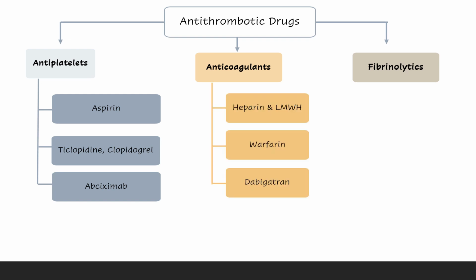Anticoagulants: heparin, low molecular weight heparin, warfarin, dabigatran. And for fibrinolytics: streptokinase and alteplase. There are also several other drug names not mentioned in the lecture but that may be available in the textbooks, so please look up those names as well.